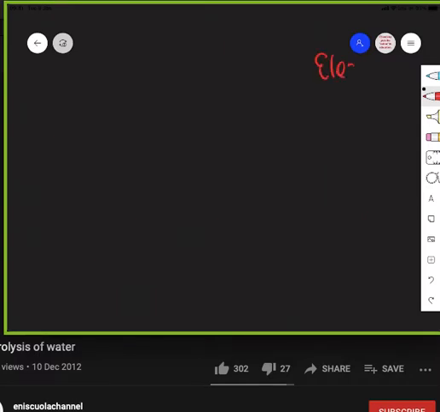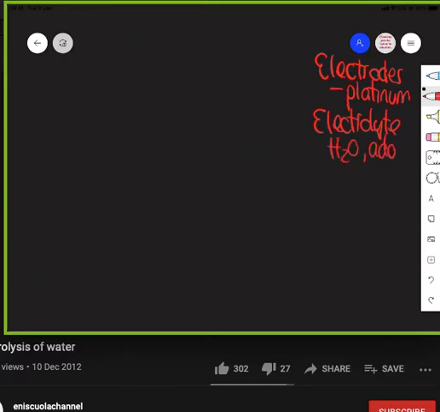Can we remember the 2 examples for inert electrodes that I gave yesterday? Platinum and carbon. Yeah, so this one uses platinum electrodes. Our electrolyte is water, but you have to add in sulfuric acid, and the reason you do that is because it improves your conductivity. It makes the electricity flow better.